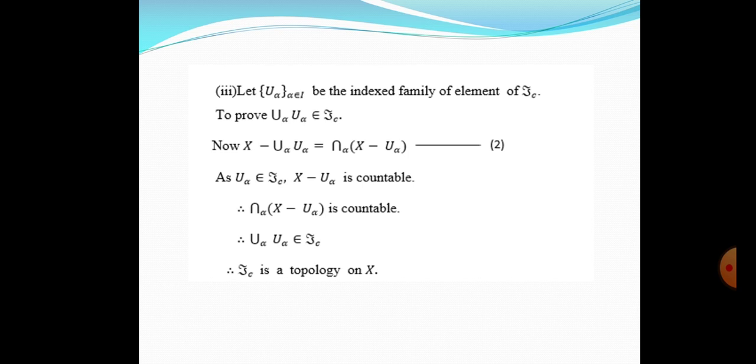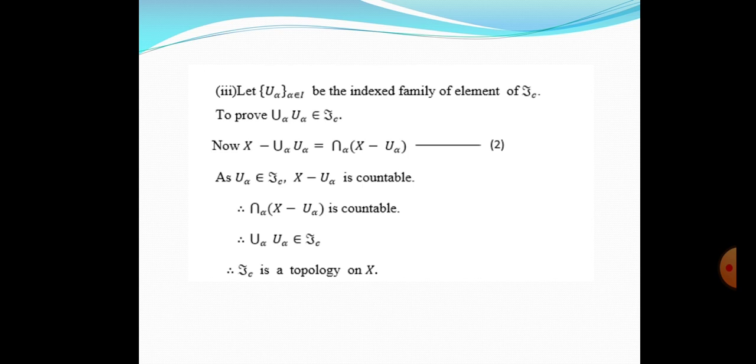As u_alpha belongs to tau c, x minus u_alpha is countable. Then x minus u_alpha is also countable. Therefore, the intersection of x minus u_alpha is also countable.